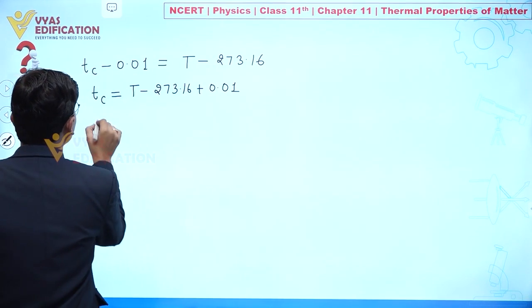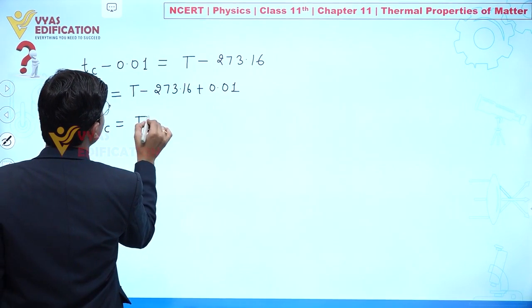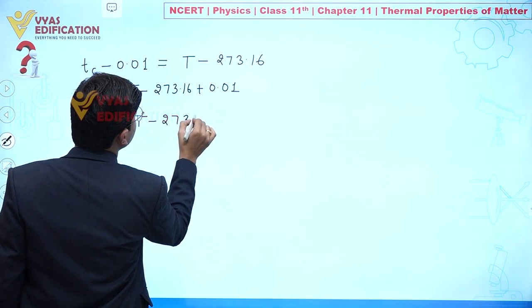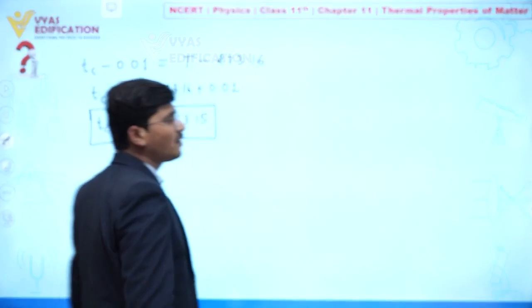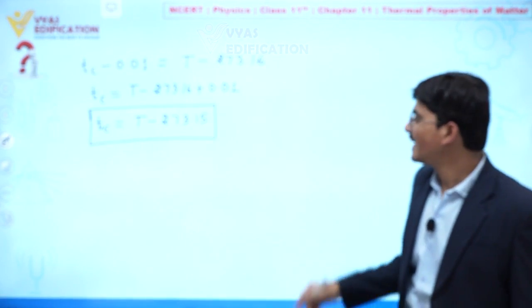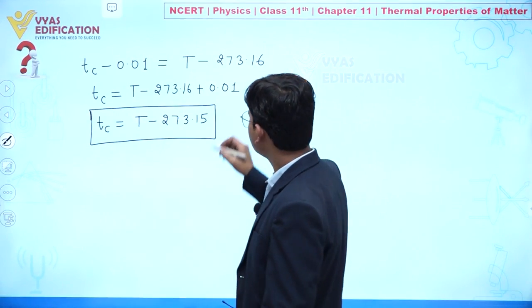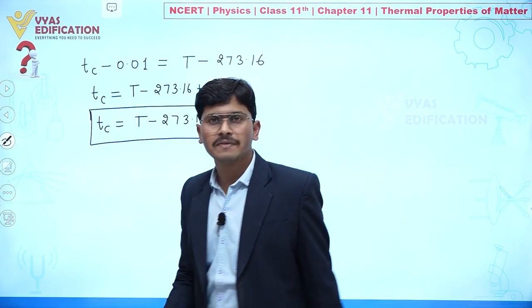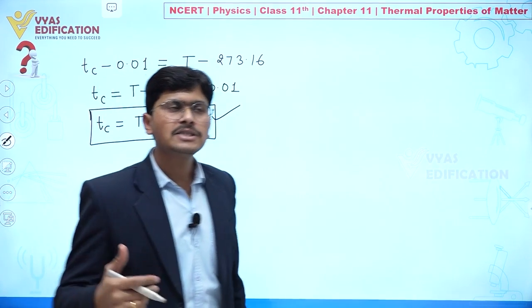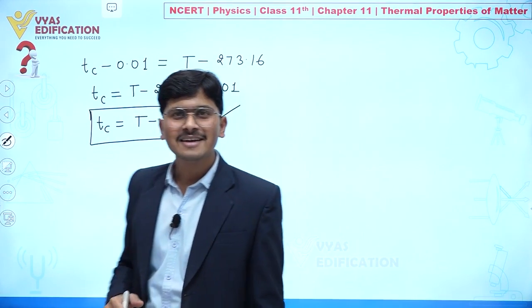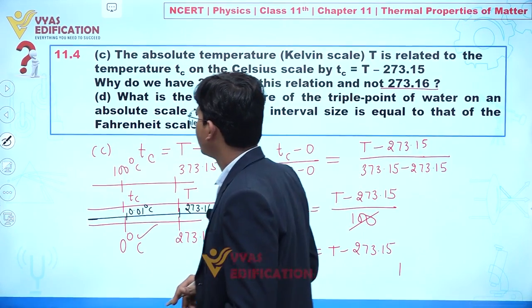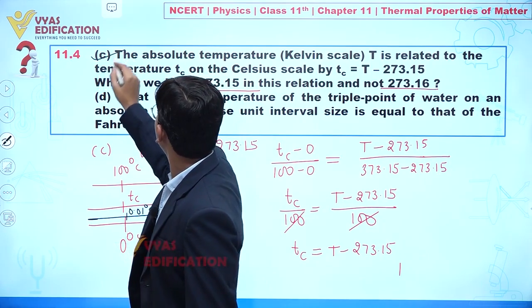So Tc is given by T minus 273.15. So we are getting the same result. That's why we always use 273.15, or sometimes for ease of calculation we use only 273. So this is all about this question. Part C is complete.